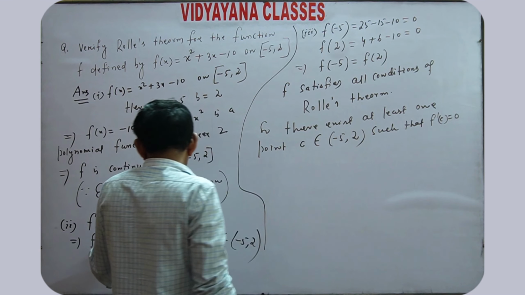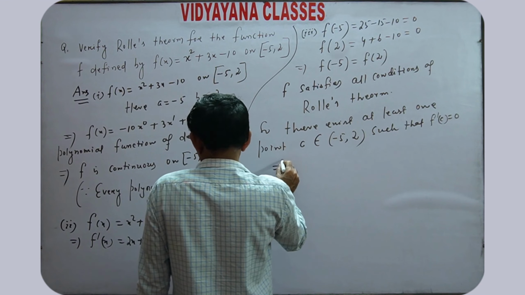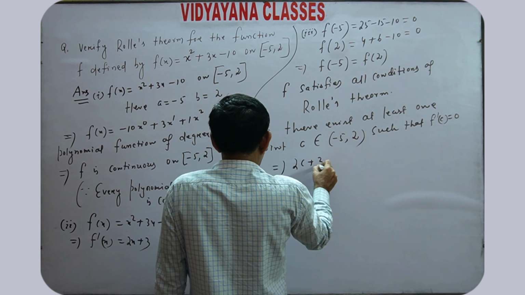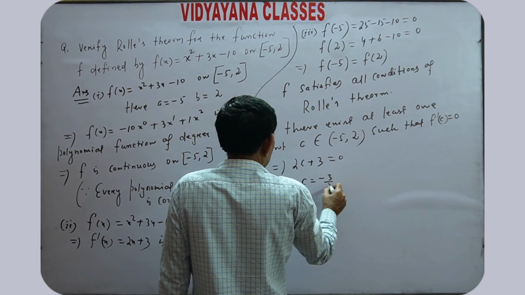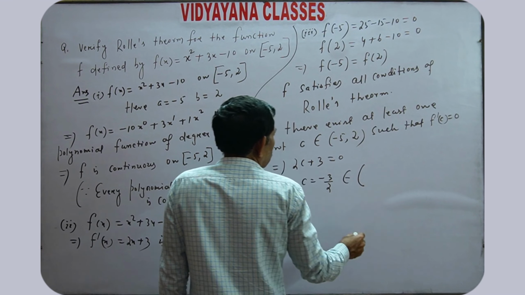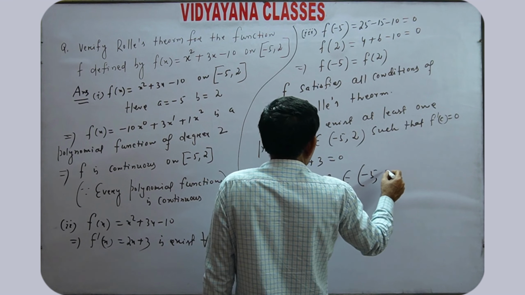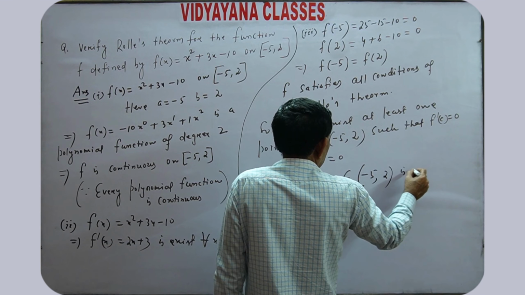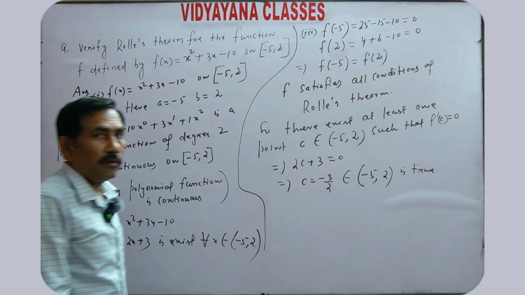F dash x is equal to 2x plus 3. F dash c is equal to 2c plus 3 is equal to 0. c is equal to minus 3 by 2, which belongs to the open interval minus 5 to 2. This is true. Clear?